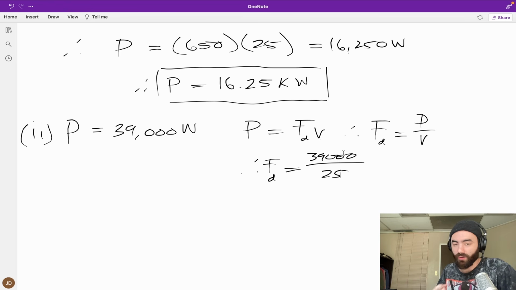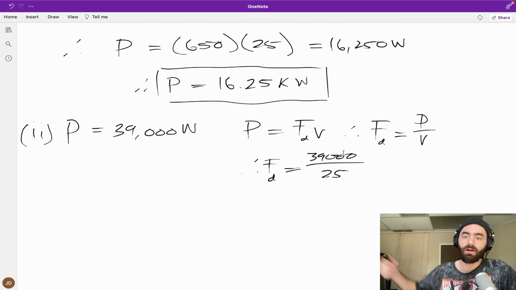So the power of the engine is changing from 16.25 kilowatts to 39 kilowatts. In that instantaneous change, the velocity is still the same, but the force will have instantaneously changed as well. You can have a massive force now acting upon it, which is going to increase its acceleration.